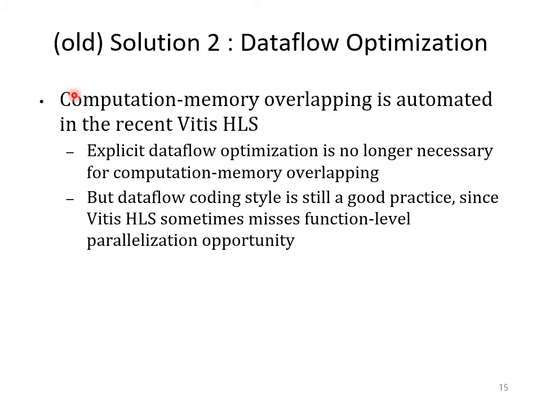In the recent version of Vitis HLS, computation memory overlapping has been automated. It is actually one of the main differences between the old Vivado HLS and the current Vitis HLS. So explicit dataflow optimization is no longer necessary, well, at least for the purpose of the computation memory overlapping.